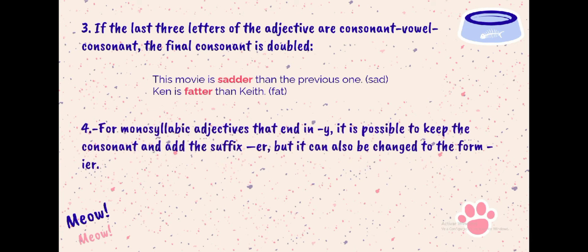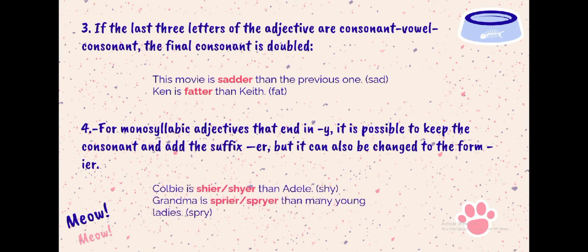For monosyllable adjectives ending in Y, it is possible to keep the Y and add the suffix er, but it can also be changed to the form ier. Example, Colby is cheerier than Tony. Grandma is sprier than many young ladies.